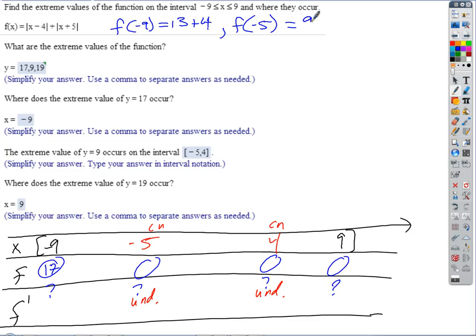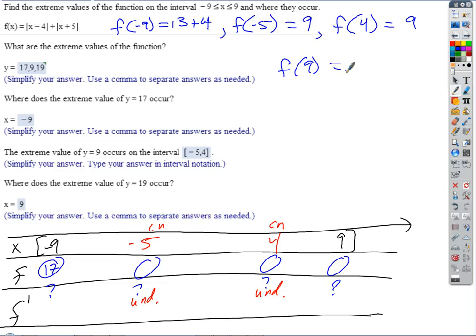Okay. And f of 4 is 9. Good. And f of 9 is 19.